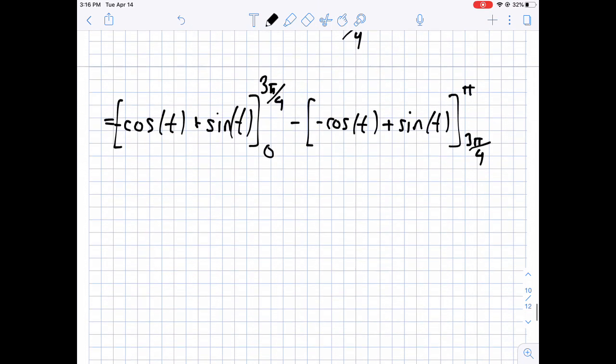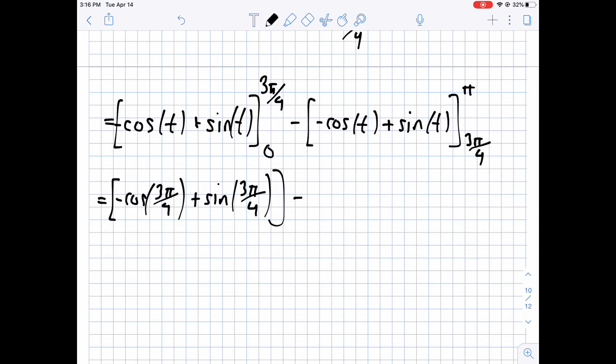So plug everything in. We end up getting negative cos of 3 pi over 4 plus sine of 3 pi over 4, minus the same thing with 0 plugged in. So it'll be minus cos of 0 plus sine of 0. And then this is going to be continued on the next line.